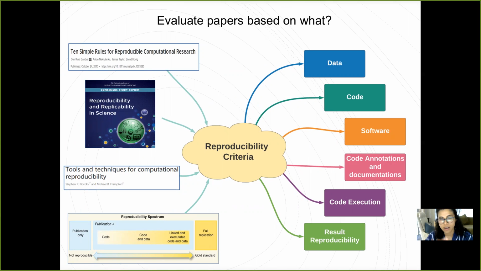There are a lot of guidelines out there that help us figure that out, but 6 of them really spoke to me and felt like they lead to really good reproducibility: first the availability of data, then code availability, the use of open source software, code annotation and the proper documentation that comes with it, the execution of the code itself, and then finally the reproducibility of the results presented in the paper.